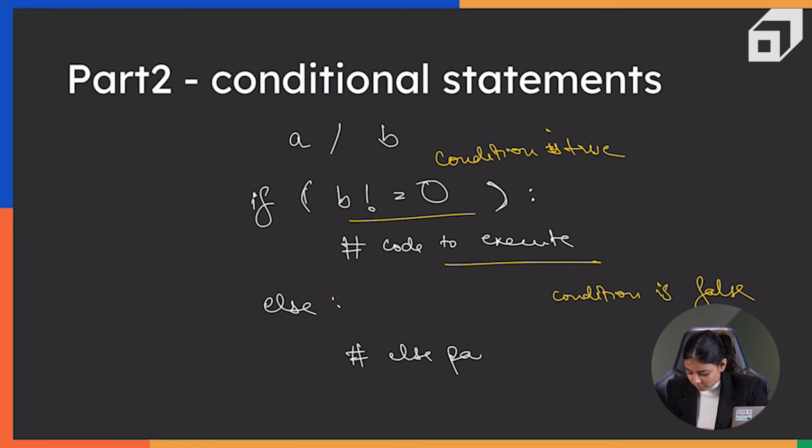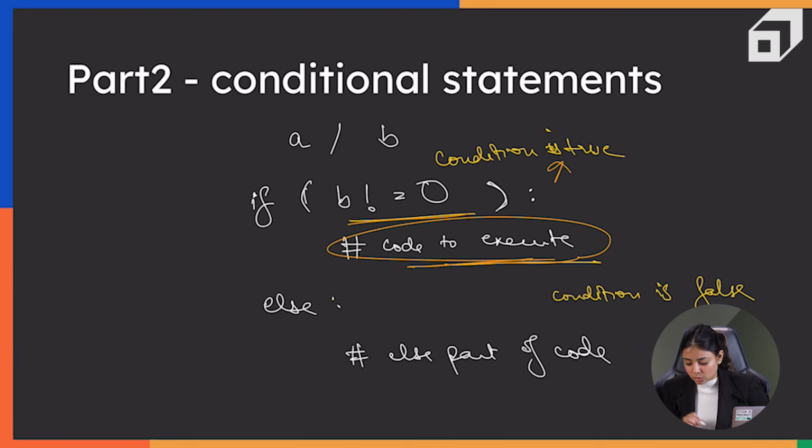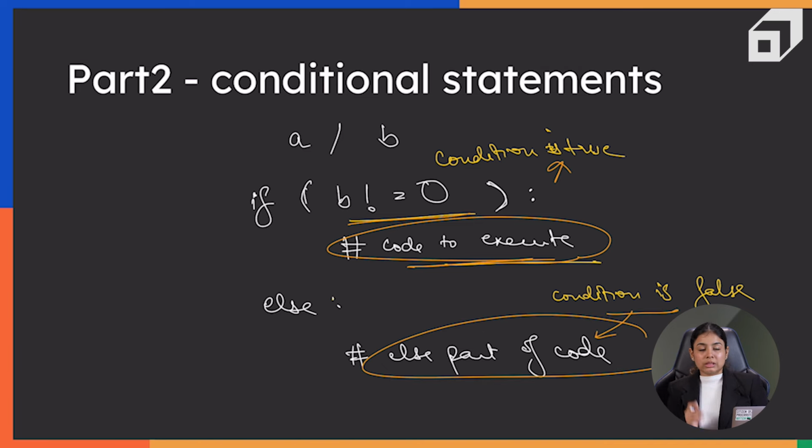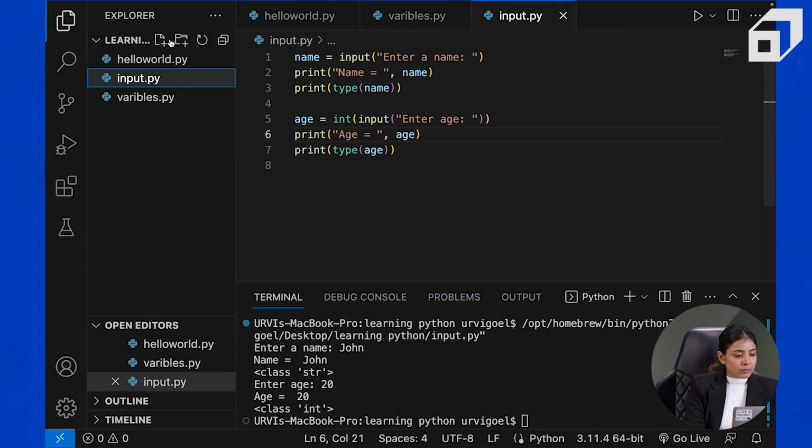Okay, once again, in front of if we mention a condition. If that condition is true, we will execute this code. If that condition is false, then we'll execute this code, the else part of the code. Let's try to see this in code.